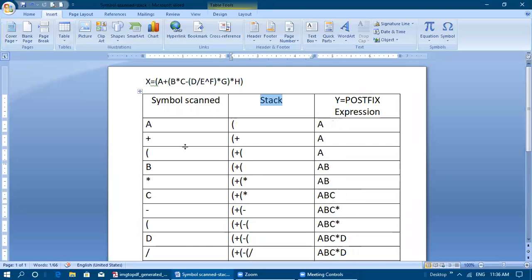Do it in the same format by drawing a table like this: symbol scanned, stack elements, and then Y, the postfix expression. Draw one tabular column, and for whatever expression I give, add the opening and closing parentheses at the beginning and end of the given infix expression, and start solving it in the same method.